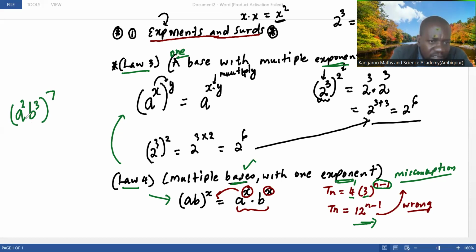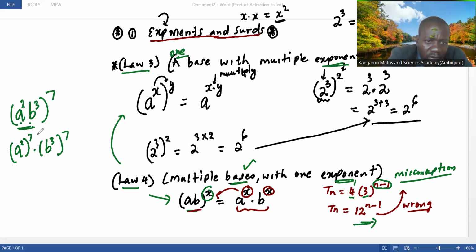Because these two are bases, you can use this law, which has the same exponent. You say this is the same as a squared to the exponent of 7 times b to the power of 3 to the exponent of 7. So by so doing, you use this law.